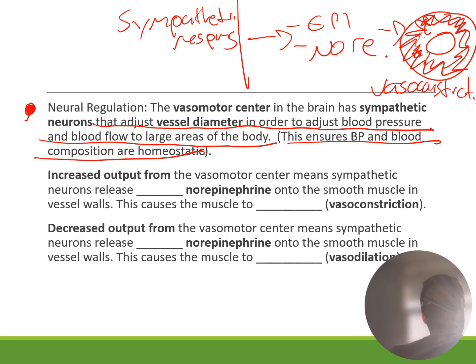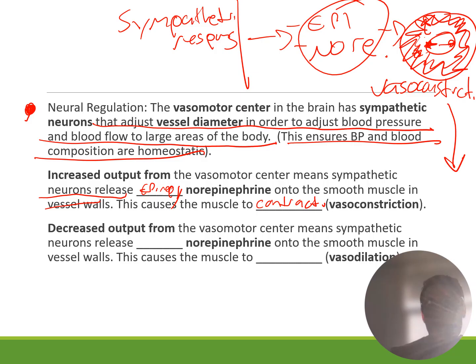So an increased output of the vasomotor center means sympathetic neurons release epinephrine, norepinephrine onto the smooth muscle in the vessel walls. This causes the muscle to contract. Now there is not a molecule that makes it so that it opens up. It's just a decrease of the epinephrine and the norepinephrine that allows the vessel to open back up.